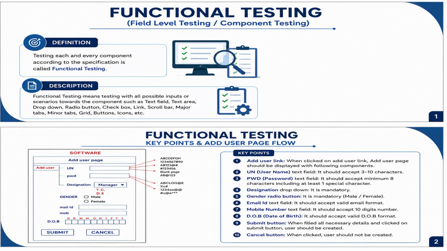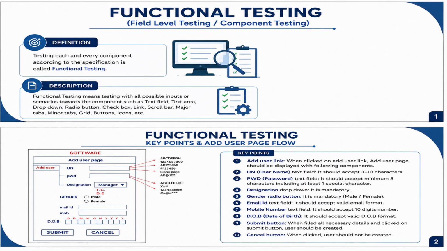When we click on the add user button, we should see the add user page. It's a kind of registration form. Here first we have the components: username, password, designation, gender, mail ID, mobile number, date of birth, submit button, and cancel button. Here I will show you how to test each and every component thoroughly.